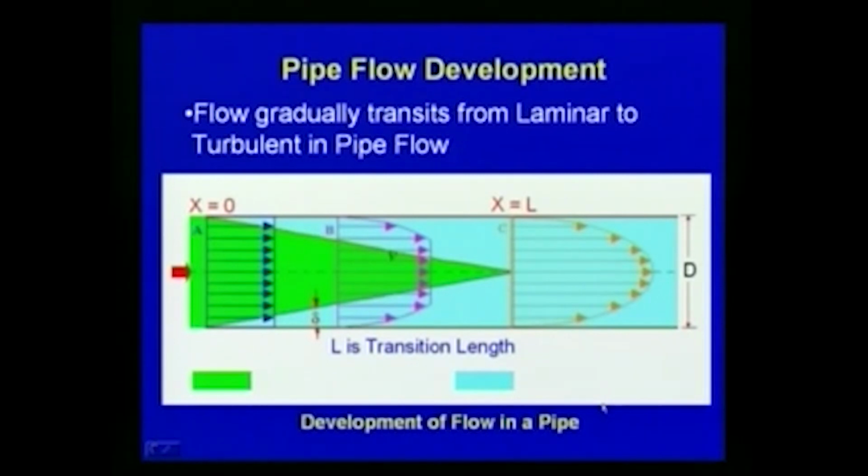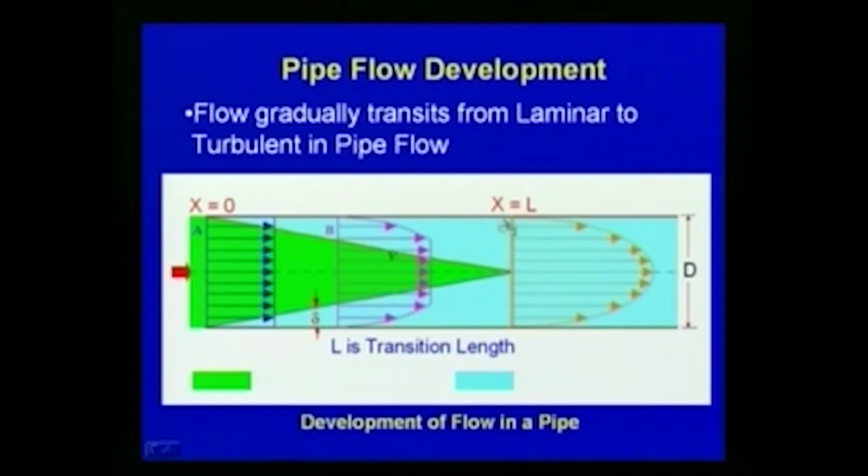If we further analyze the pipe flow, depending upon the flow condition, velocity and other parameters, we can see that if the flow at the start is laminar, then depending upon other parameters the flow gradually transitions from laminar to turbulent. Here you can see the boundary layer development, and at this stage we can say that the flow is fully developed turbulent.